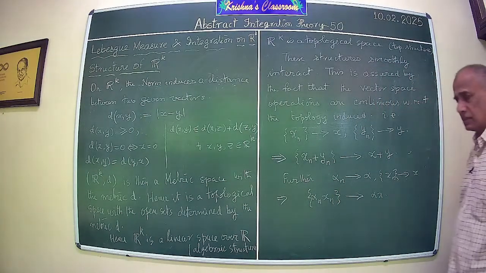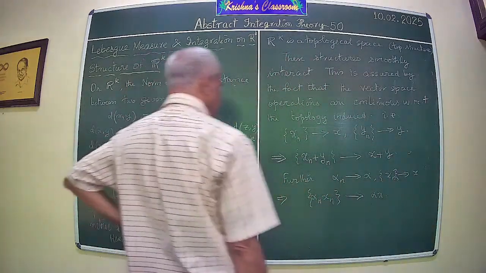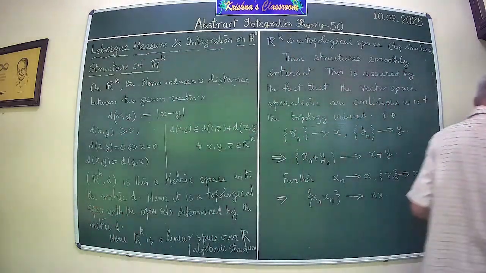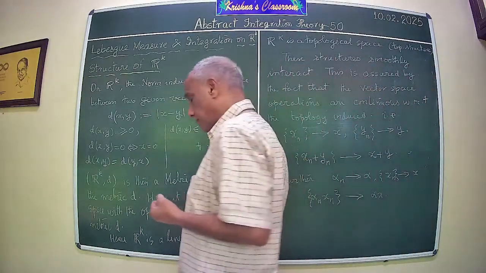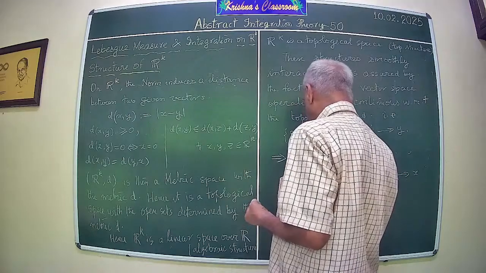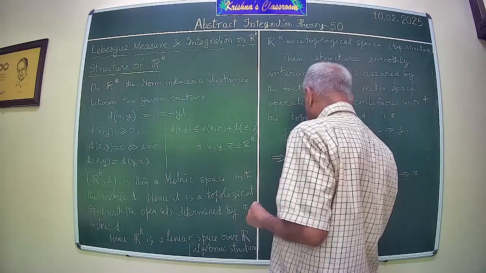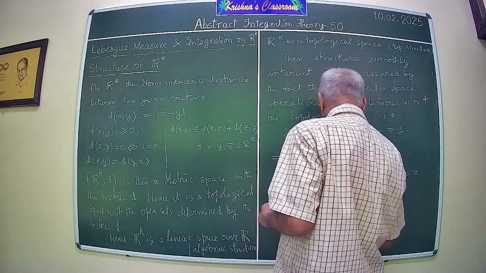That means, structurally, what is happening is that you have a topology on Rk. Now, you know that addition is a map from Rk cross Rk to Rk.